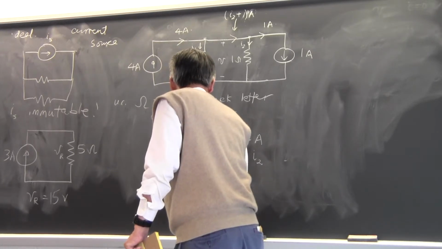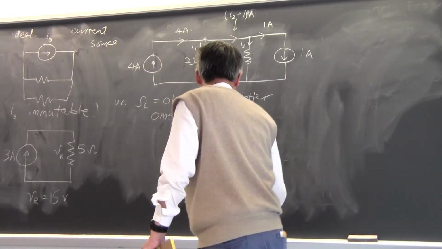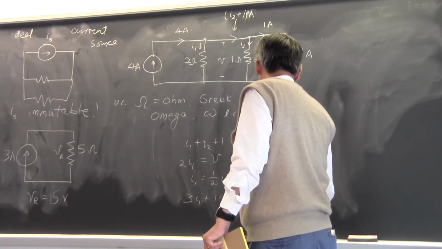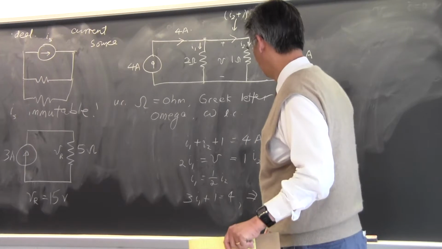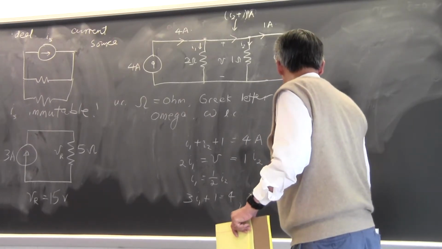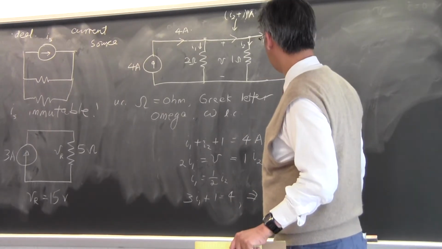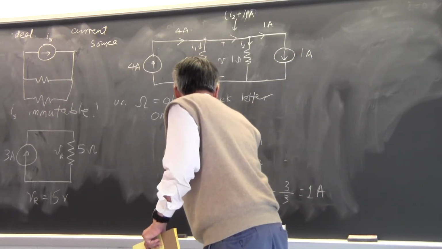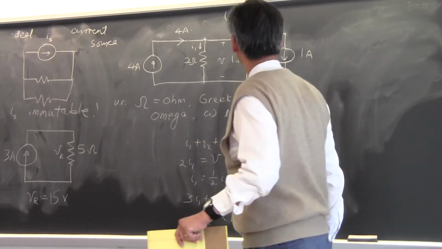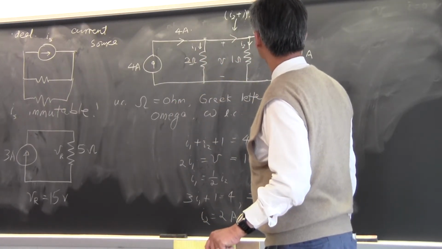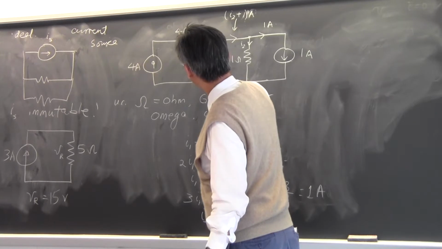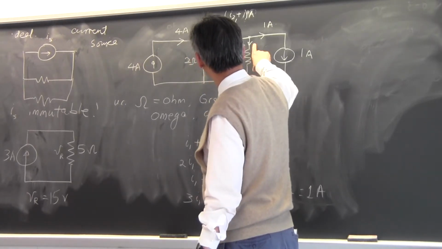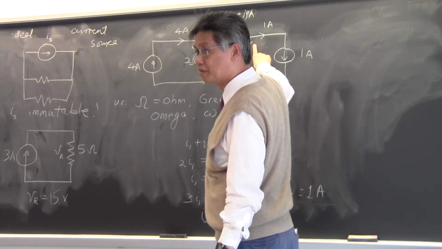So you have 3I1 plus 1 is equal to 4, which implies that I1 is equal to 3 over 3, which is 1 amp. I1 is 1 amp, and then you can figure out that I2 is equal to 2 amps. So it works out fine. If this is 1 amp over here, it creates a voltage drop of 2 volts. If this is 2 amps over here, it creates a voltage drop of 2 volts.